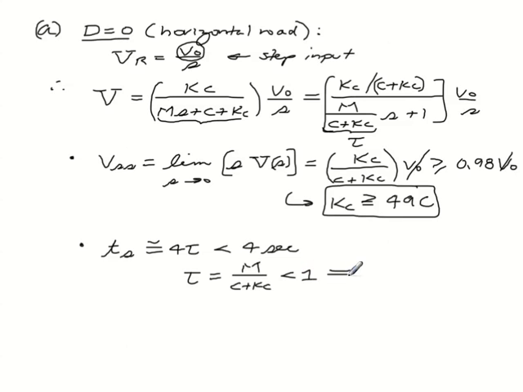So therefore, the gain that we need to satisfy that says that the gain has to be at least as large as the difference between M and C. So given that we know the drag coefficient is C and we know the mass M of the van, we have to meet both of those conditions in order to meet both criteria: within 98% of the desired speed, which is within 2% of that, within 4 seconds of time.